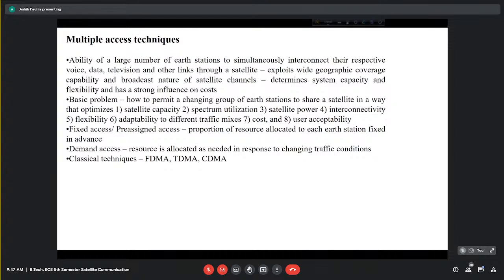And when we talk about multiple access, the problem that we have to keep in mind is that there will be a continuously changing pattern of users accessing that site. It is not that it's a fixed user and a fixed receiver.